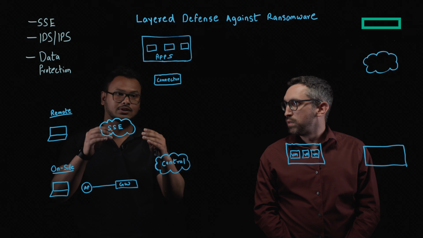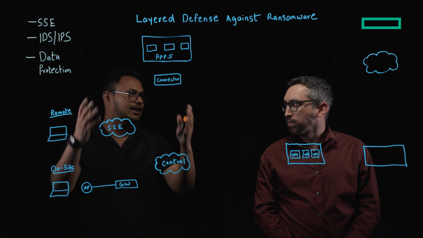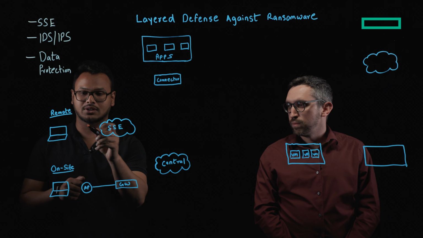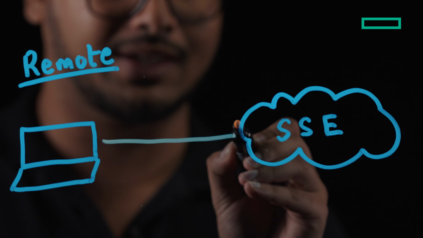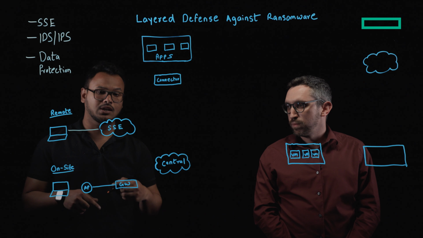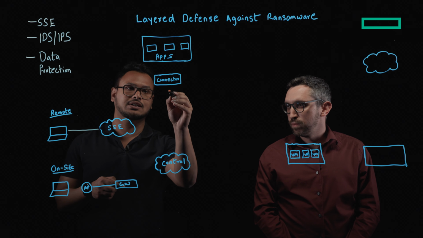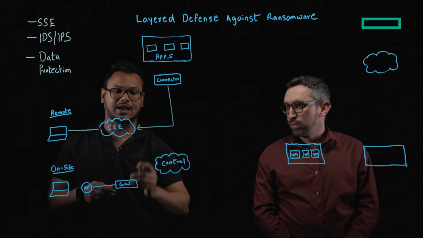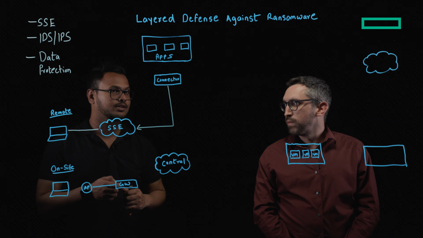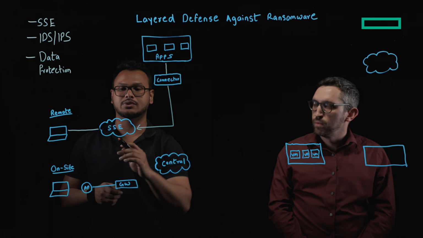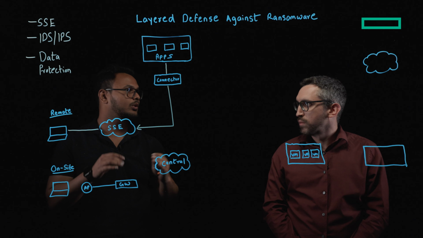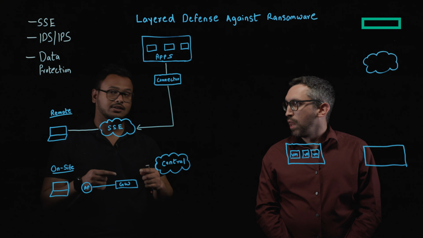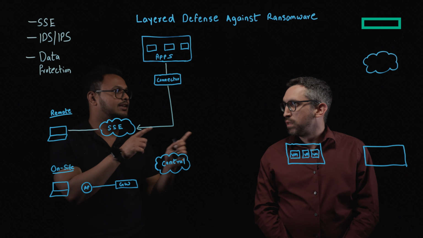Thus, the attack level was larger. But now, with SSE here, the user terminates to the SSE cloud. Further, you see that the connection to the connector is outbound only and no IPs are exposed. So the user has access to only the apps it is authorized to, not anything further. In that way, you can stop the lateral movement.